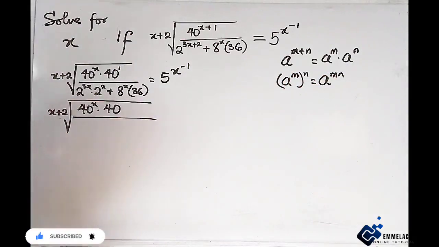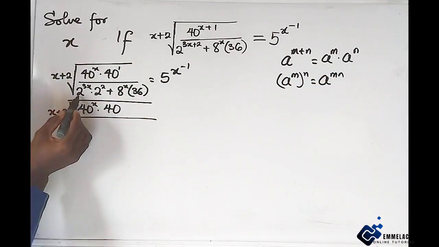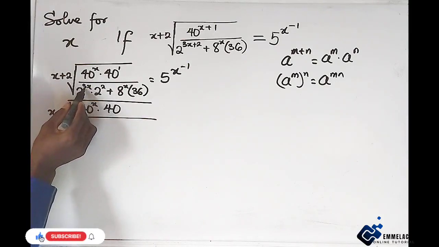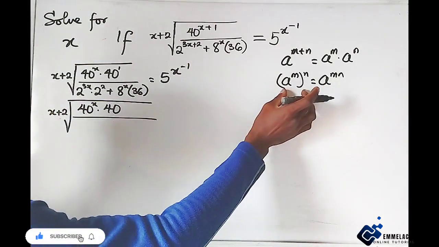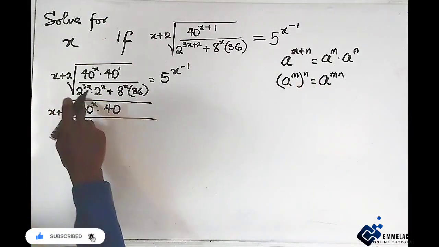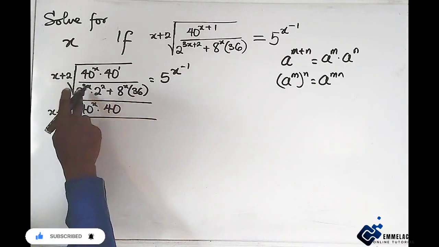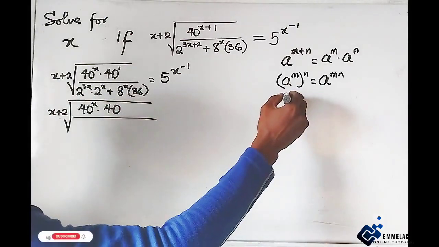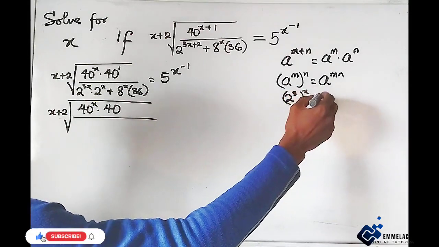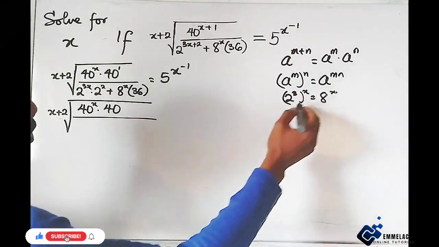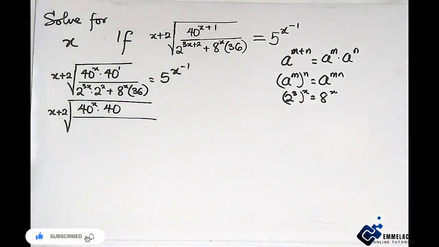So here we have 2 raised to the power of 3x, which can be reversed to 2 raised to the power of 3, raised to the power of x, which gives us 8 raised to the power of x, because 2 raised to the power of 3 is 8.